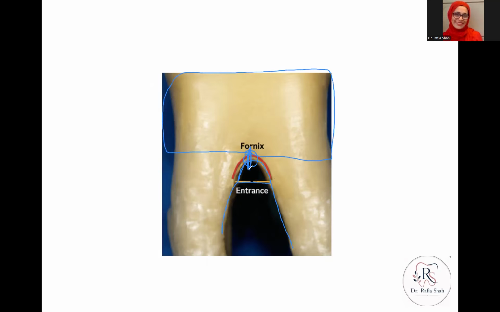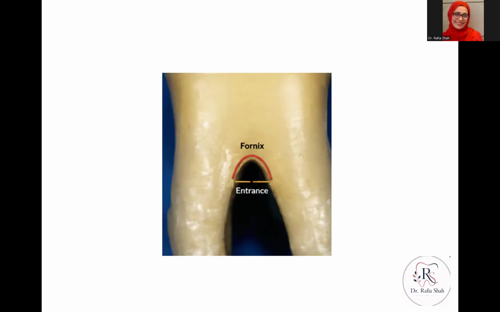When there is separation of the two roots, that is the entrance. This is the point where bone enters and forms between the two roots, and this bone is called interradicular bone. Multi-rooted teeth have interradicular bone, whereas single-rooted teeth do not. So this is the point of separation where the bone forms, called interradicular bone.